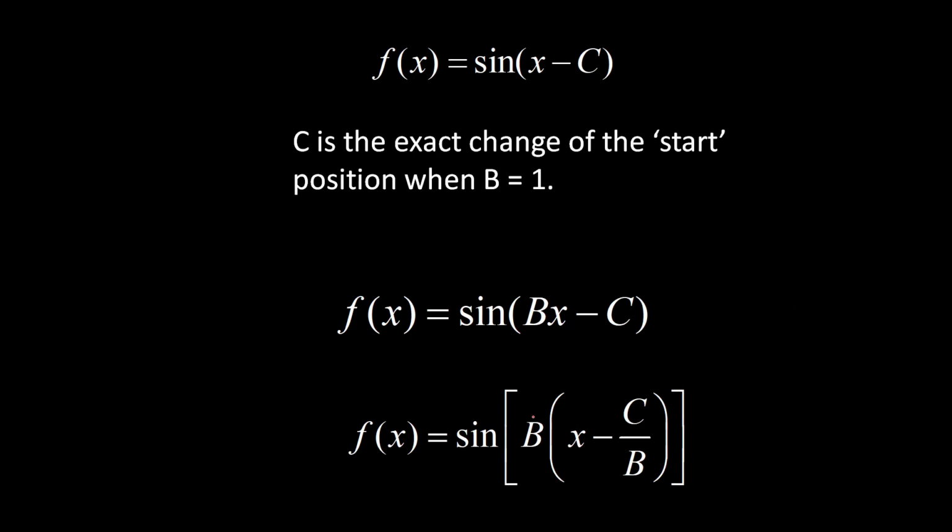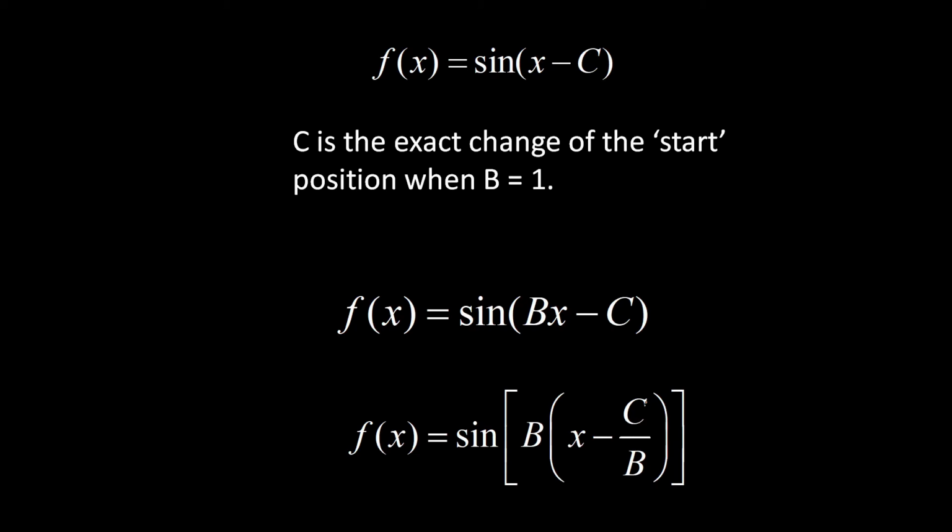So if you distribute, b times x is bx, and b times c over b means the b's will cancel and you're left with c. So all we're doing here is factoring out a b.